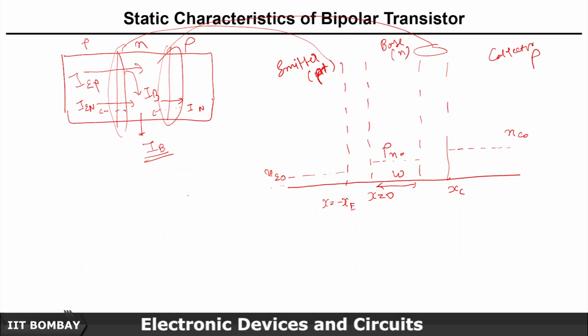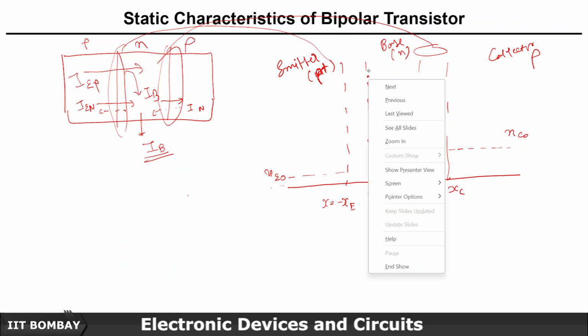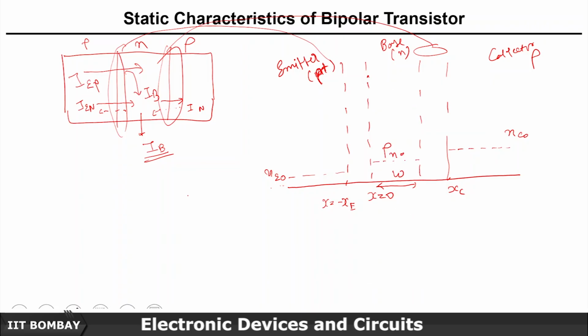Now what will happen, because of the diffusion from emitter to the base, a large number of holes will move, right? Let's say the concentration at x equal to 0 is Pn0, which will become 0 here. So this is Pn(x). Similarly here, electrons are moving from the P side to the N side, so this region will be depleted.